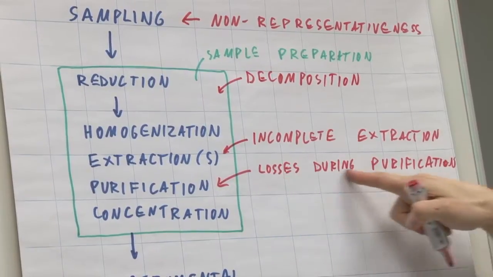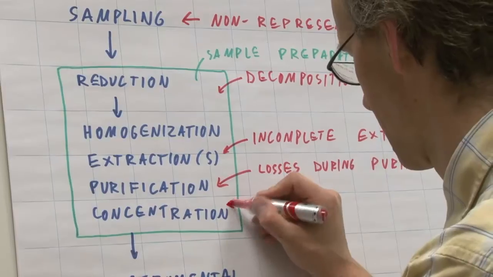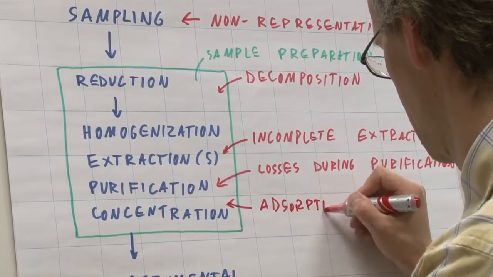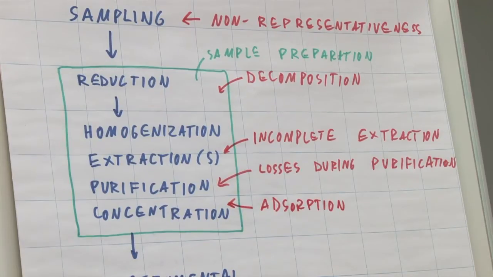These losses during purification can also be, for example, caused by adsorption on surfaces. In some cases, analytes can be volatile, and then there can be volatilization. Pesticides are almost never volatile, but other analytes can be.